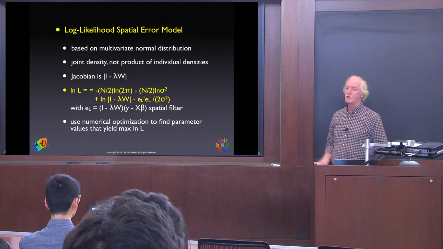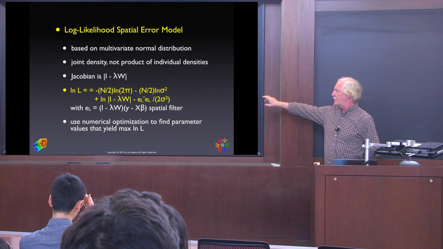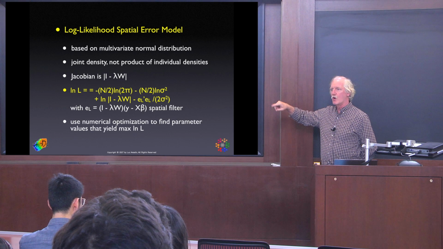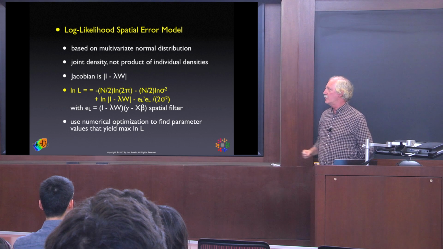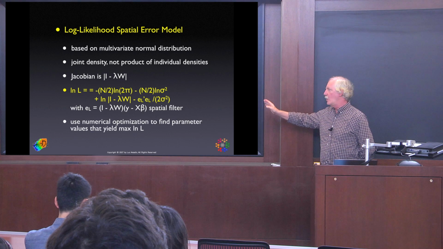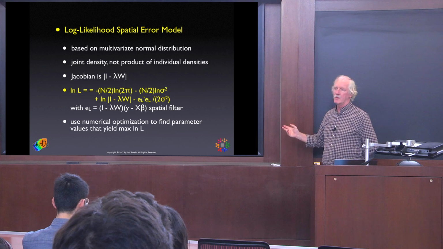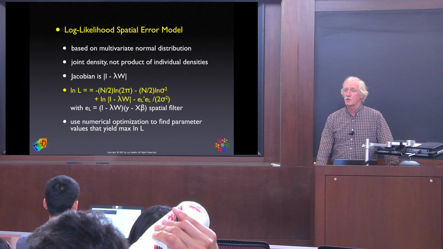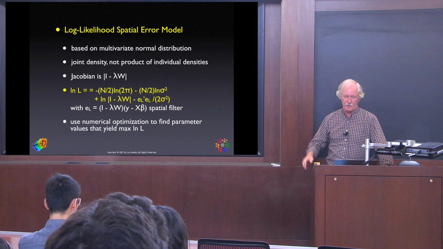We again have this Jacobian, so this should all look very familiar, except that we don't have y minus rho Wy minus X beta, but we have the spatially filtered residuals. So the lambda comes in the spatial filtering of the residuals. Other than that, this is the same kind of approach as we did for the lag model. So it's the same general idea, but the likelihood function is slightly different.